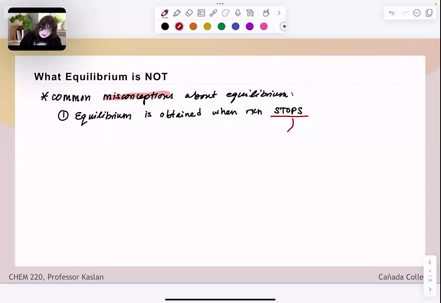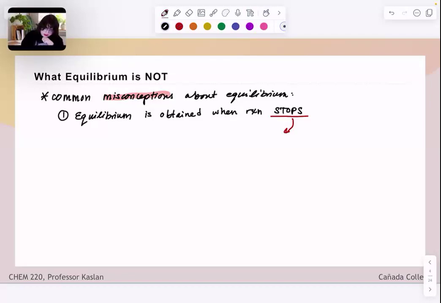The correct idea to think about here is, again, we're talking about a dynamic process. So it's not that the reaction ever fully concretely stops. We don't have reactant going to product, and then that's all she wrote, right? We've got reactant going to product going to reactant, vice versa. Constant equivalent exchange between this chemical system.